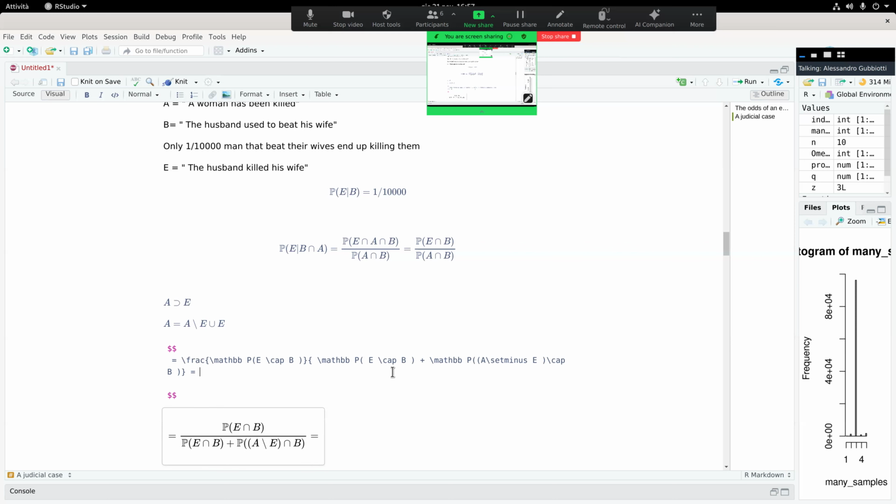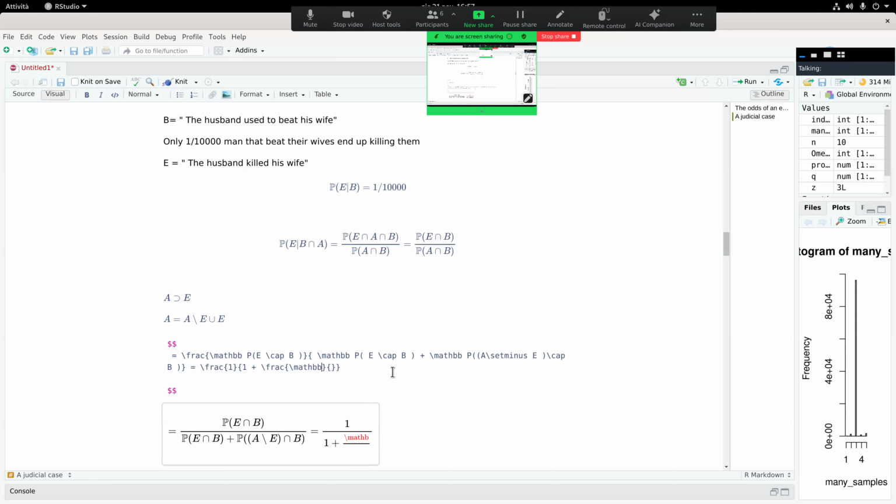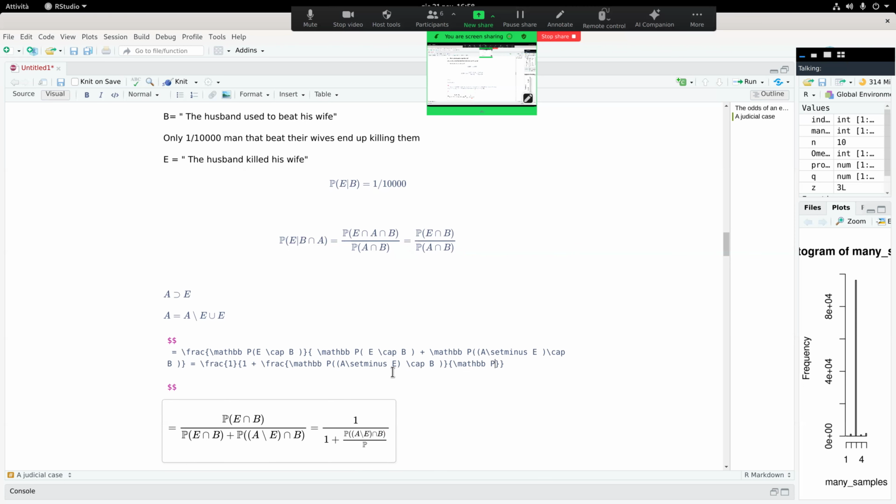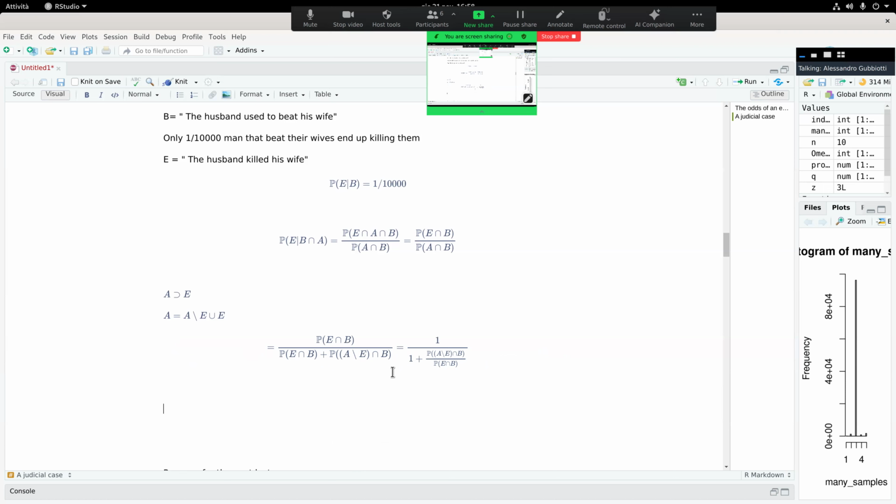This is equal to 1 divided by 1 plus the odds of A, the complementary of E, in B. So we obtain this equality.